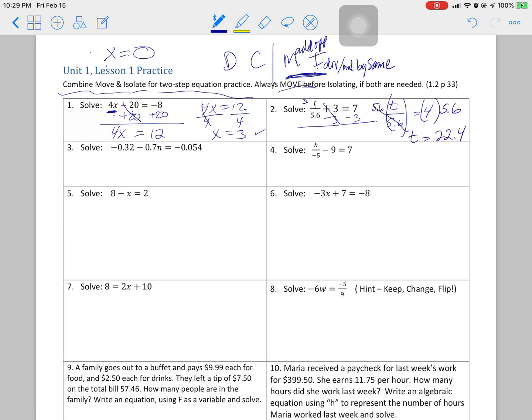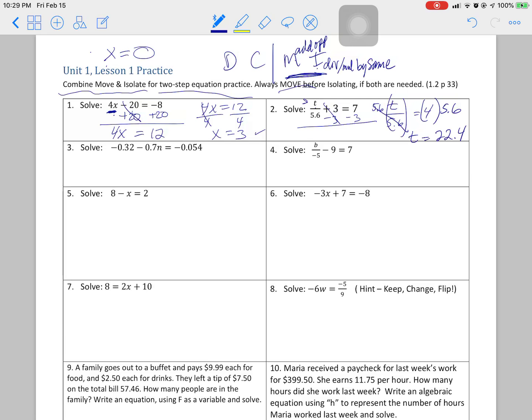All right, we can put that back in for t. 22.4 divided by 5.6. And I don't know. Oh, wait, let me get my calculator. So 22.4 divided by 5.6.